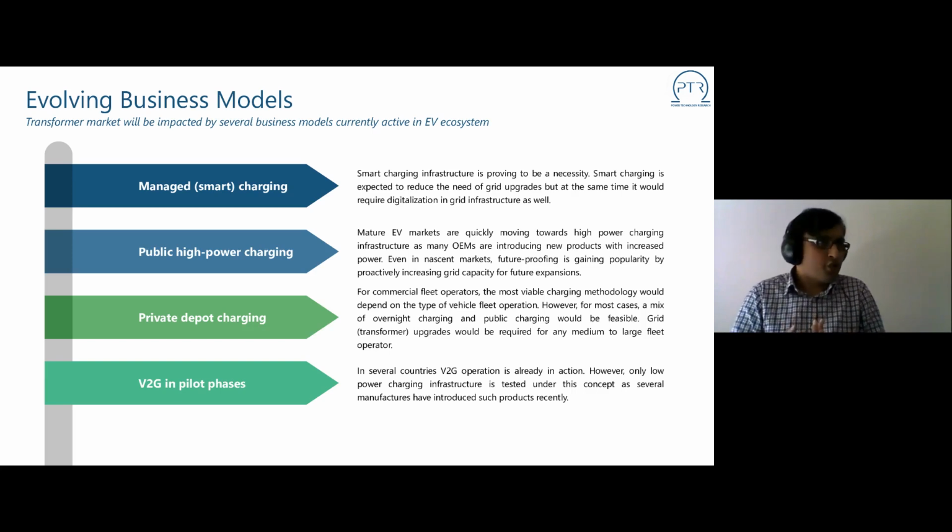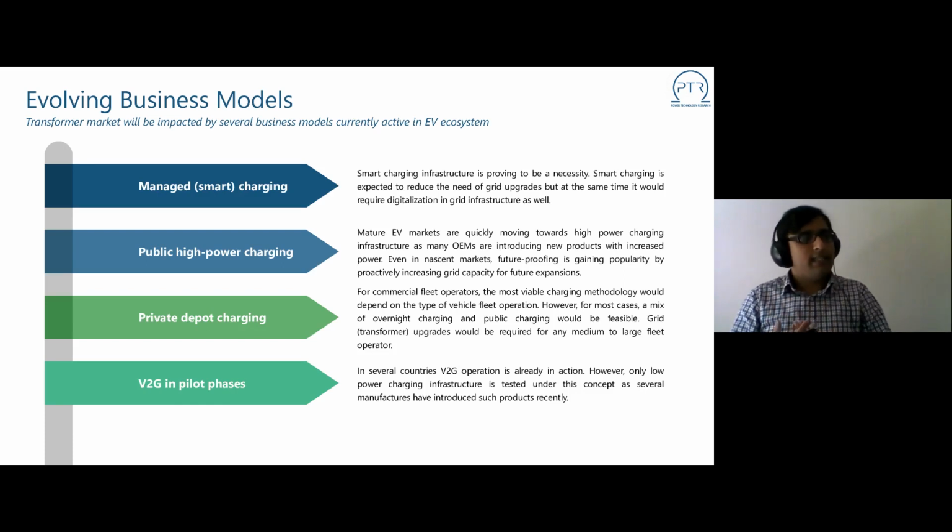So if the fleet operation requires multiple charges within a day, a high power charging infrastructure would be needed, so overnight slow AC charging would not be required. But in many cases, what we see is that a combination of both is going to be the most feasible, most viable option moving forward for the fleet operators.